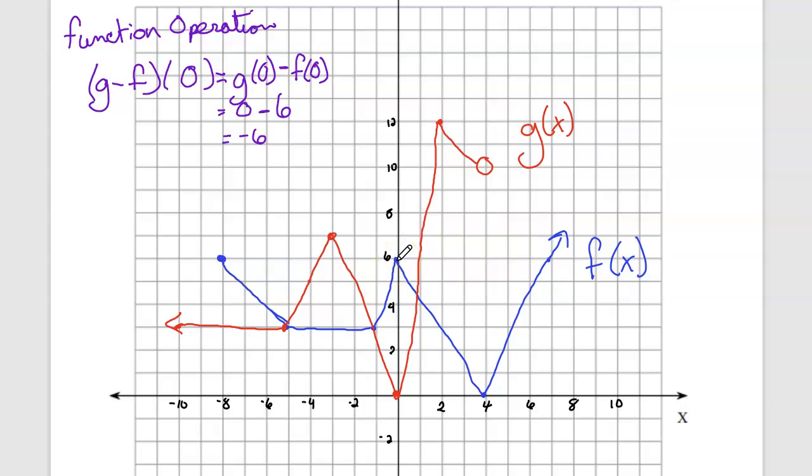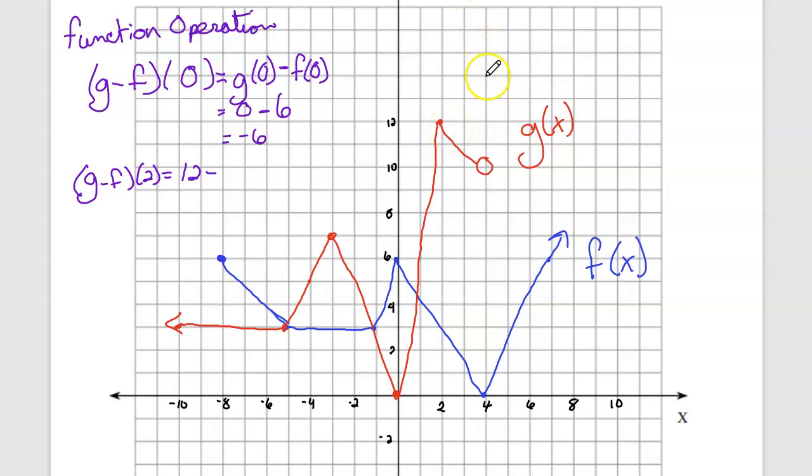If I were to try to find g minus f at 2, I would go over to 2 and find where it hits my g function, which is 12.